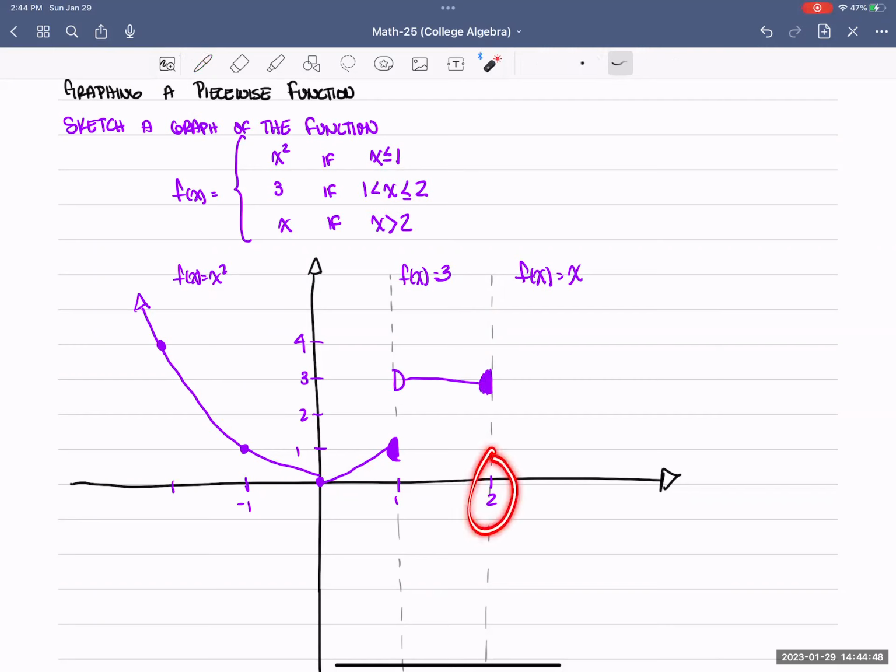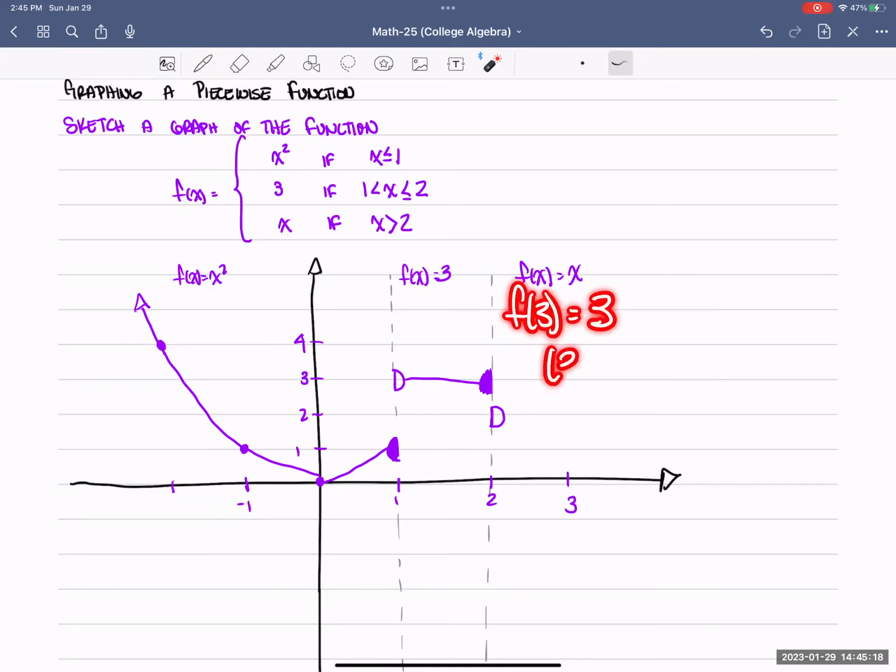And lastly, here from 2 forward, our boundary is going to be an open circle. Let's see where we are on this line here. When we plug it in, f of 2 is equal to 2. That gives us a point 2 comma 2. So open circle here. Let's look for a value of 3. f of 3 is equal to 3.